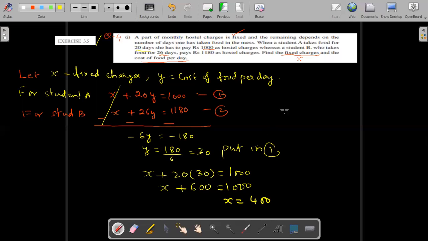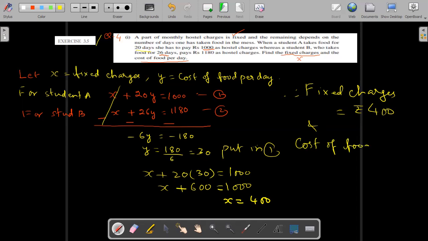Therefore, the fixed charges of the hostel are rupees 400, and the cost of food per day is rupees 30.